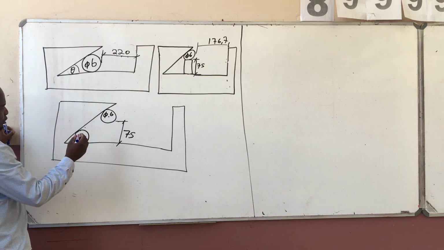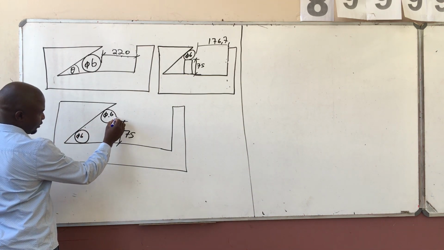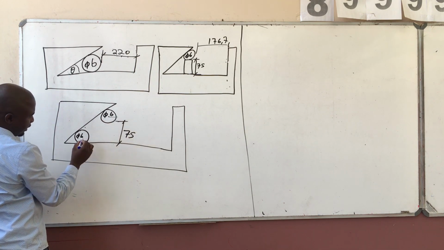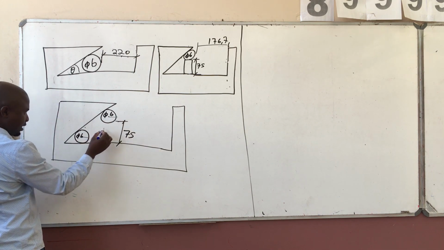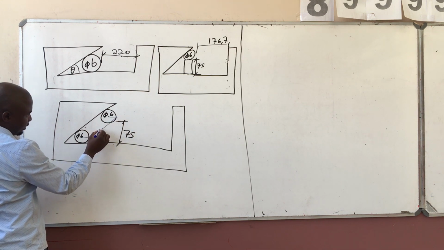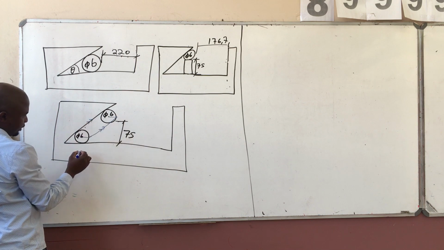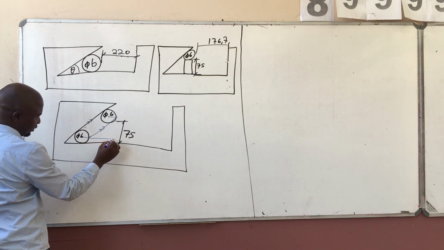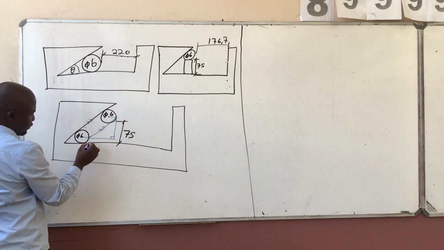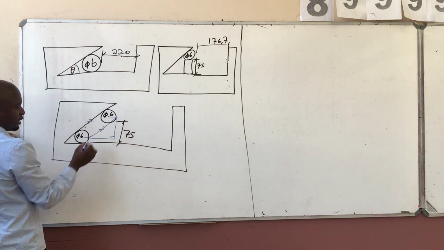The triangle which I'm going to construct is from this center to this center, and there. This line is parallel to this one, from end to end.